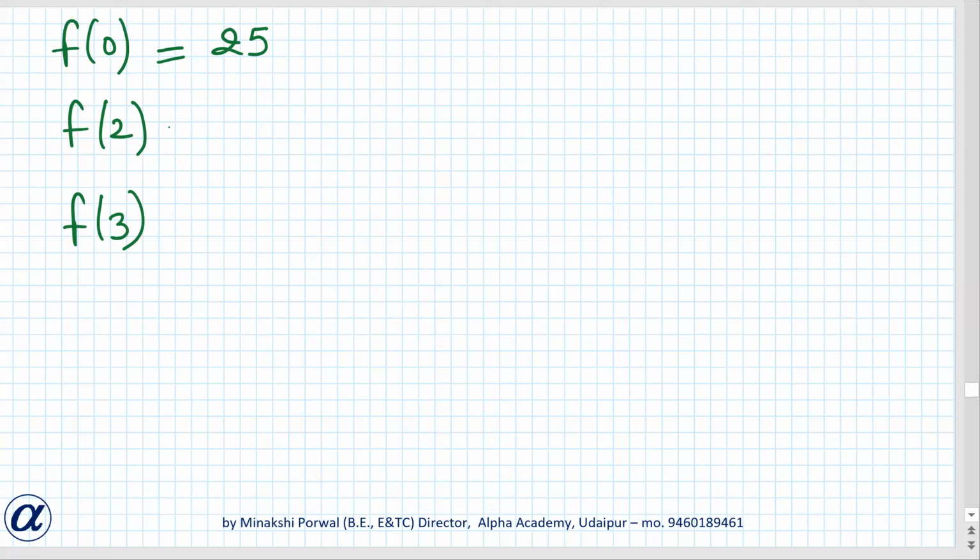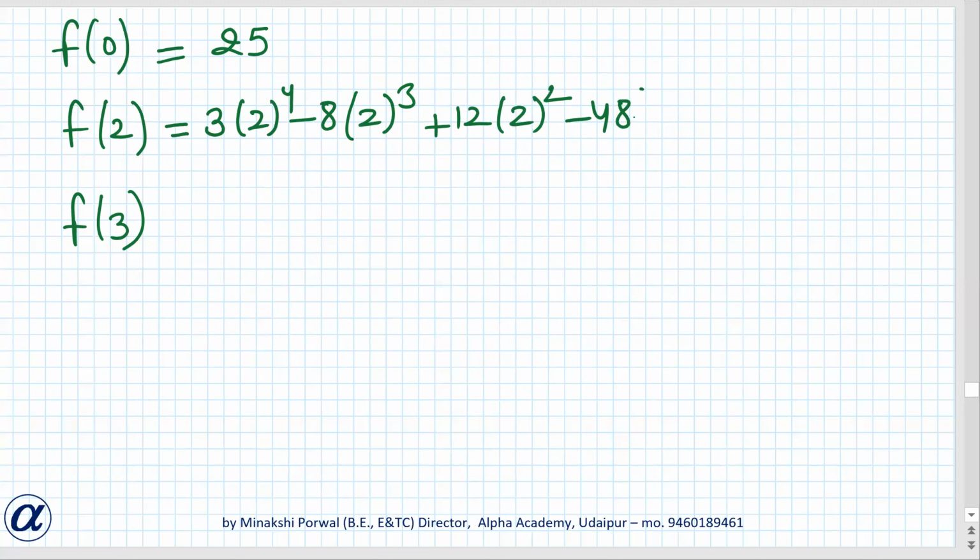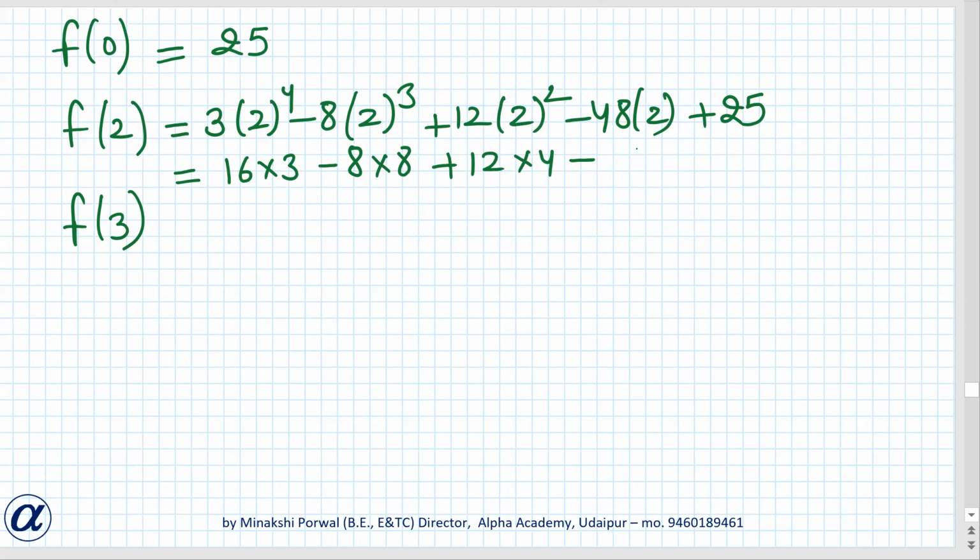So f of 0, f of 2 and f of 3. For f of 0, when we put 0, only 25 will come because all other terms contain x. F of 2 will be 3 into 2 to the power 4 minus 8 into 2 to the power 3 plus 12 into 2 to the power 2 minus 48 into 2 plus 25. So this will be 16 into 3 minus 8 into 8 plus 12 into 4 minus 48 into 2 plus 25.